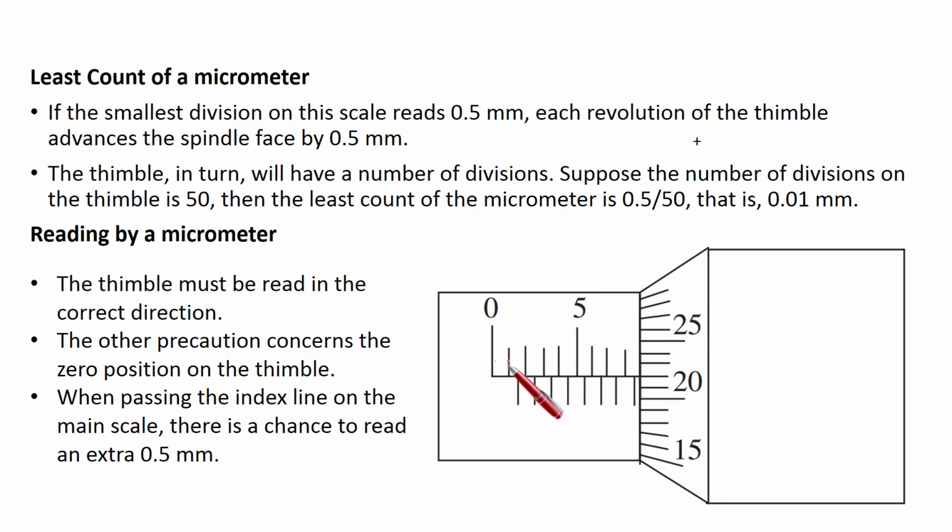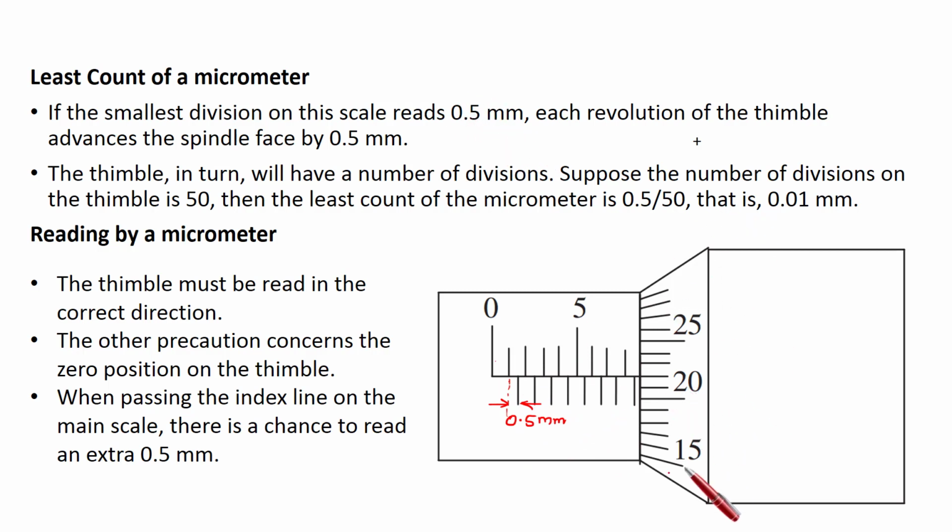So this gives much more clarity while taking the reading, and that's why it is placed at the bottom, below the baseline. So the least count is this much, and that is 0.5 mm. Clear? So the least count of the main scale is 0.5 mm.